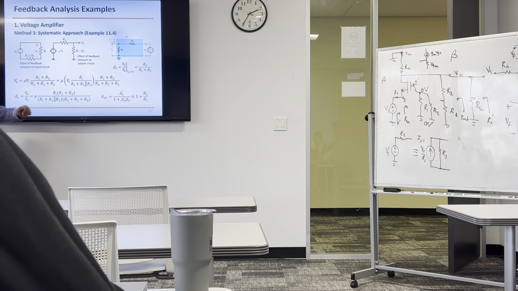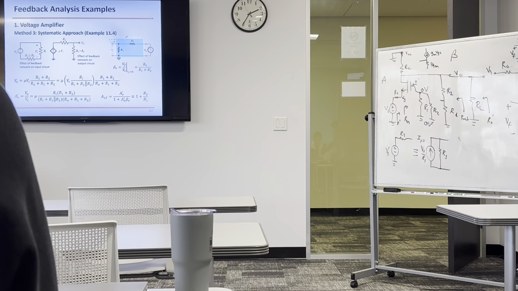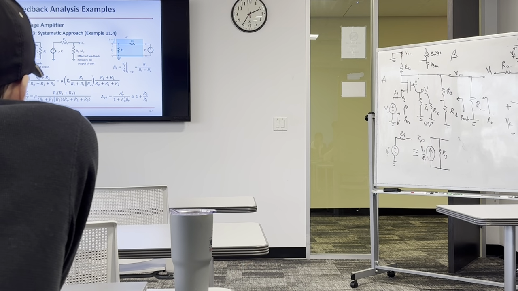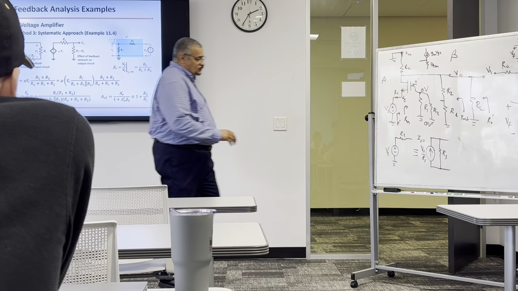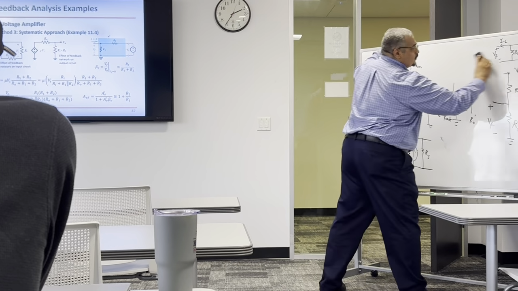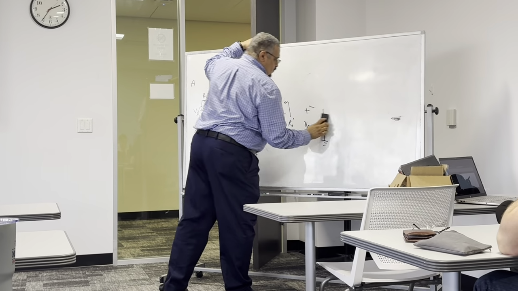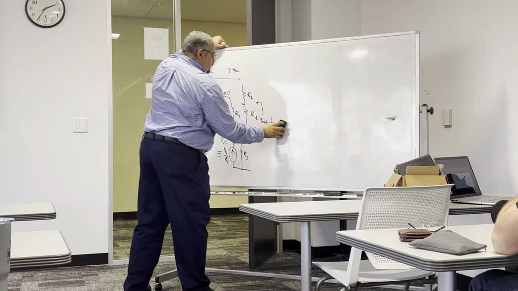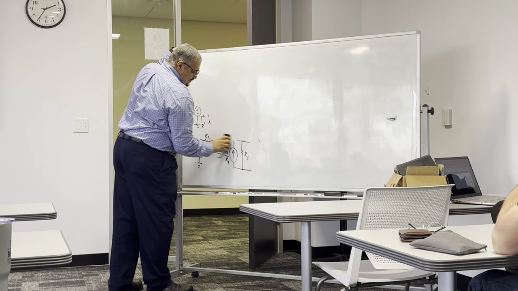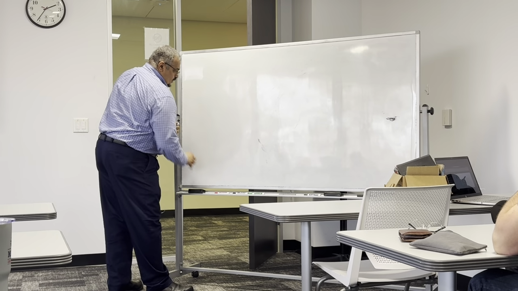Now let's move to the most important one, which is the systematic approach. In this case, we have to remove the feedback network and attach it twice, one at the input and one at the output.